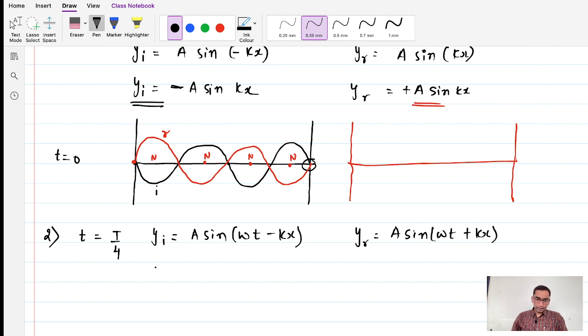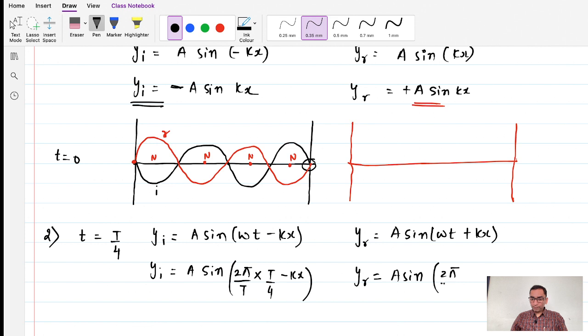Let us plug in here: omega is 2 pi by the time period. Now, instead of this t I am going to plug in t by 4 minus kx. Here also yr is A sine 2 pi by t times t by 4 plus kx.